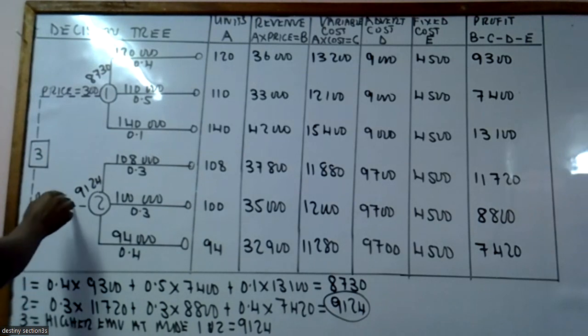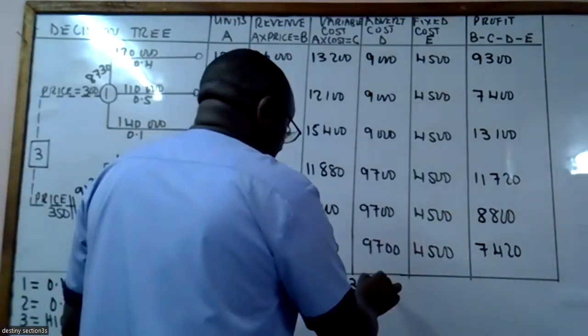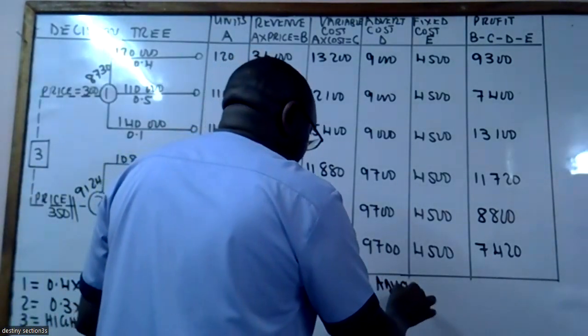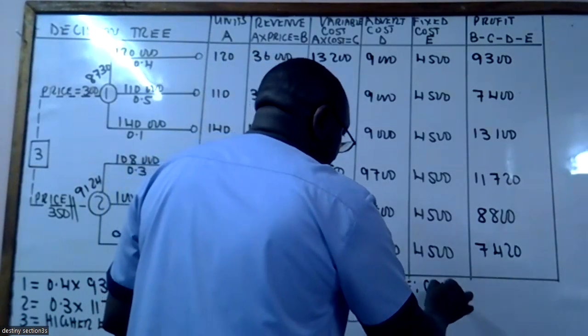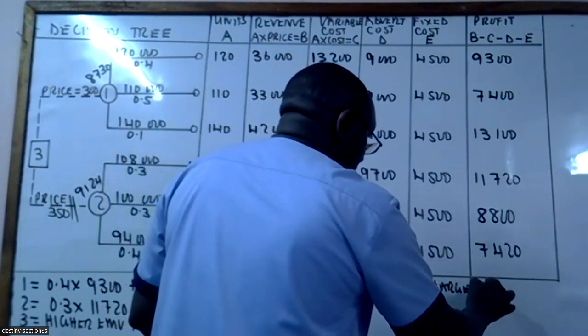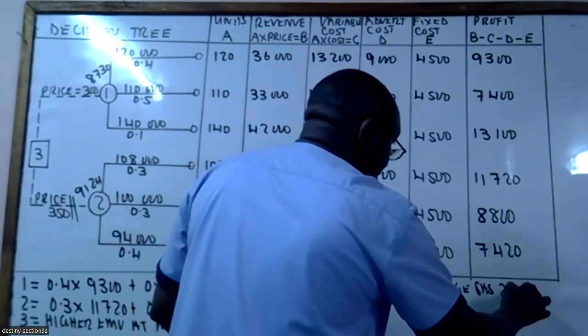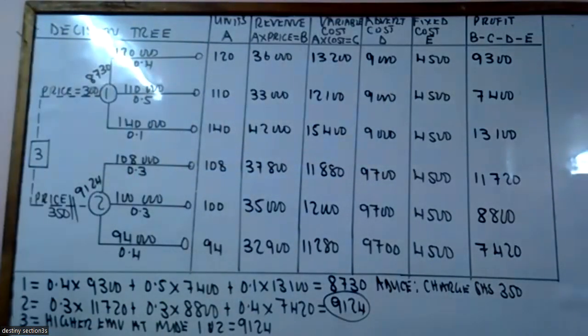So that is coming from here. So you mark that way. So what do you advise them? The advice is we charge shillings 350.